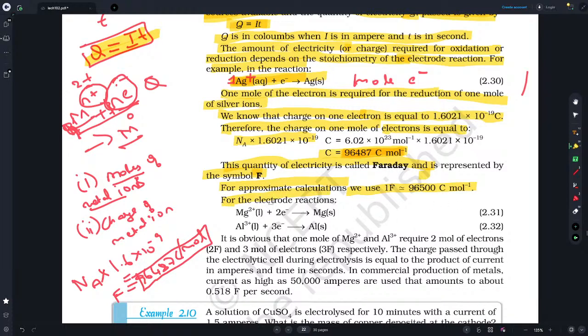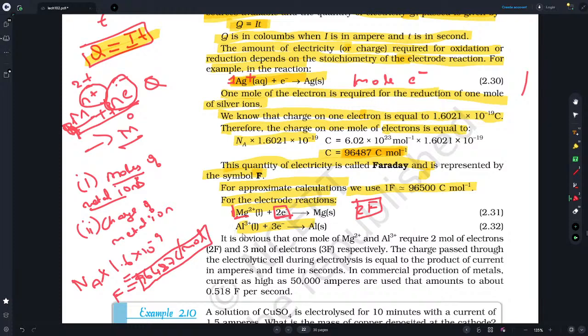For electrode reactions, in both reactions we can find the amount of charge in terms of Faraday. 1 mole of Mg2 plus is taken, and 2 moles of electron is nothing but 2F. This is the amount of charge required to completely reduce 1 mole of Mg2 plus ions.